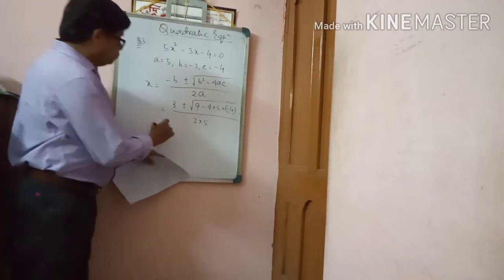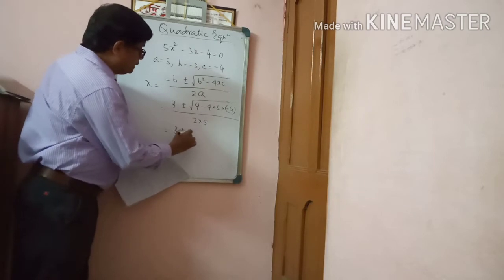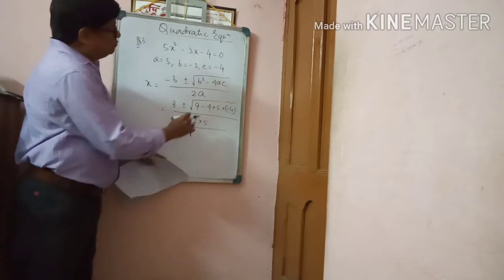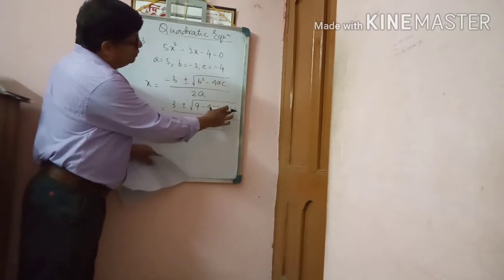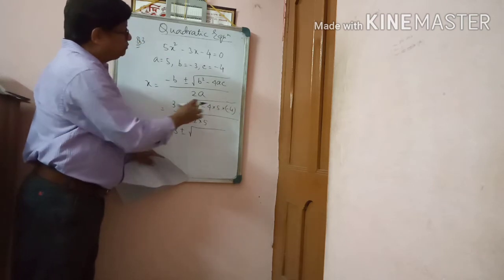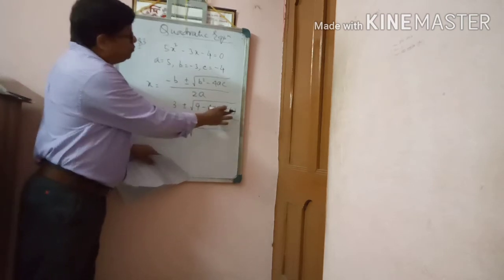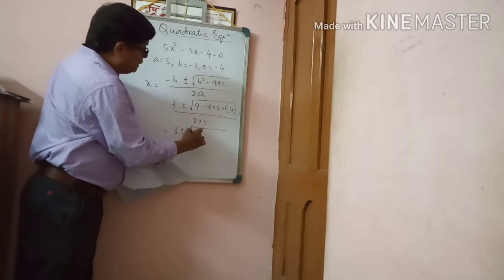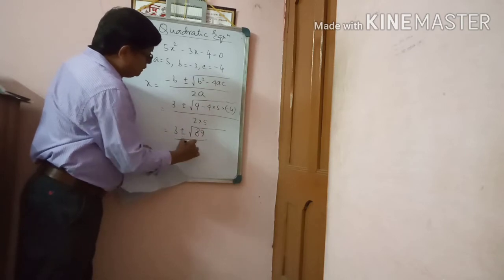Now 3 plus minus root under 9 plus 5 into 4, 20, 4, okay, this will be root 89 by 10.